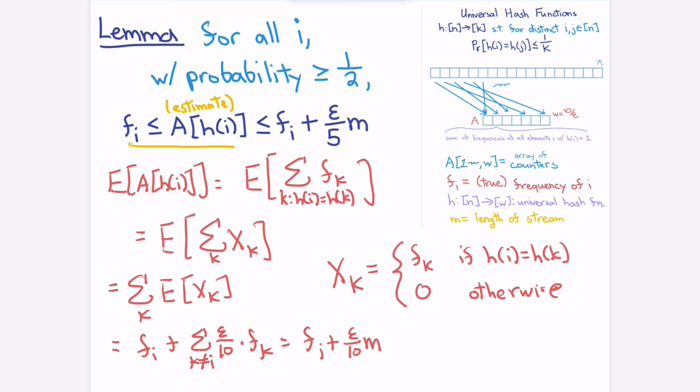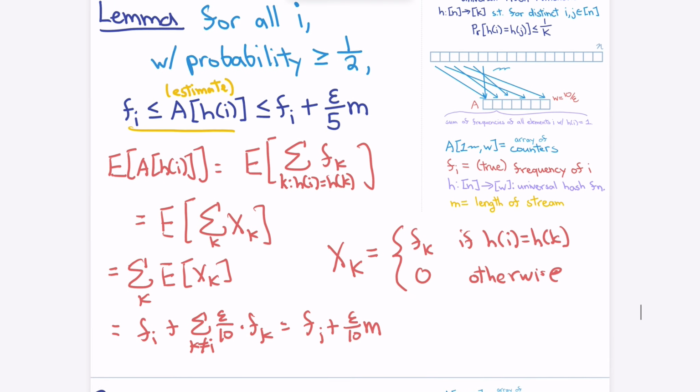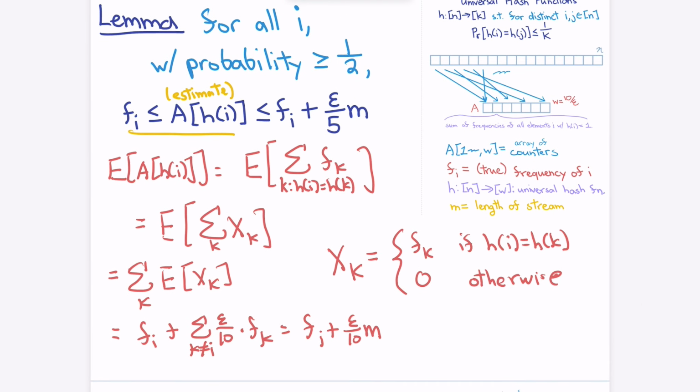Okay, so the average is actually better than what we want, because we want epsilon over 5m, and this is epsilon over 10. But this claim is a little different because it says there's probability at least 1/2 the excess error is at most epsilon over 5.